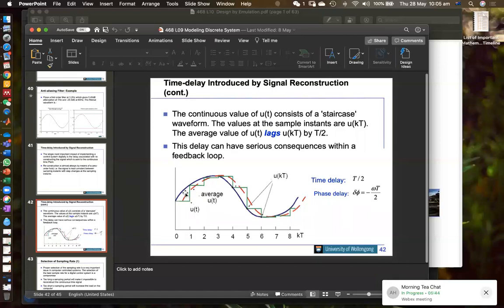The green one is zigzag, so we can't really see the difference, but it can be averaged out with a red dot. Then we compare the red dot and the blue line. On average, this is delayed by half of the sampling period. So this is where it comes from. You get a delay of half of the sampling period, and we make that into the sampling period T. At a certain frequency, it becomes omega T divided by 2. And this is where it comes from.